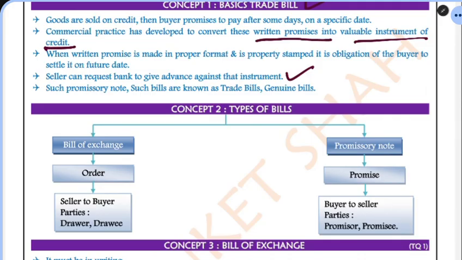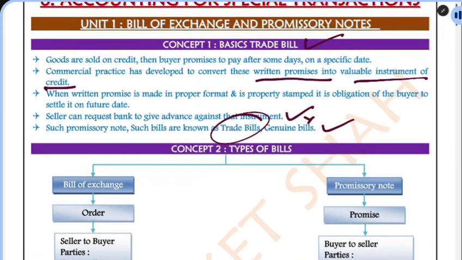Such promissory notes and bills are known as trade bills and genuine bills. Forget about genuine bills; it is called a trade bill, because nobody now refers to it as a genuine bill. So this is a basic introduction of the chapter.